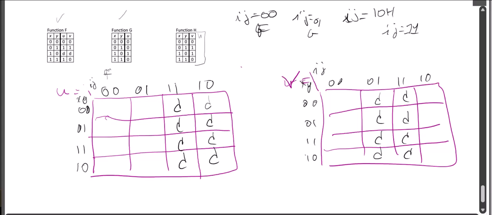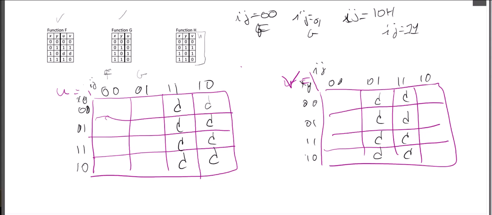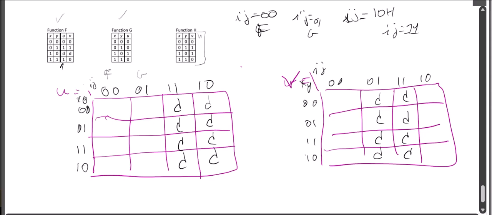And function G, that's when ij is 0, 1, and that would be this column. Then you can just read them off the chart. For function F, in this column for U, when xy is 0, 0, that's 0. 0, 1, U is 1. 1, 1, U is 1. And 1, 0, U is don't care.